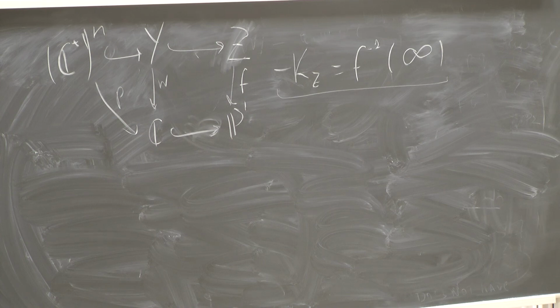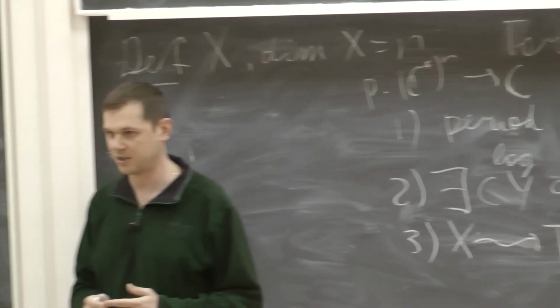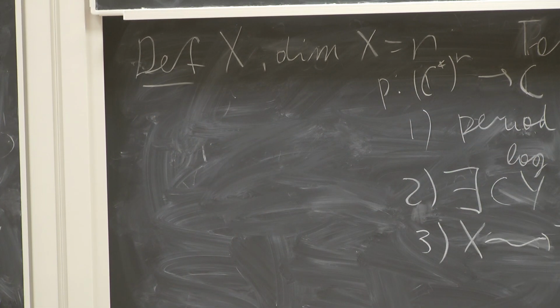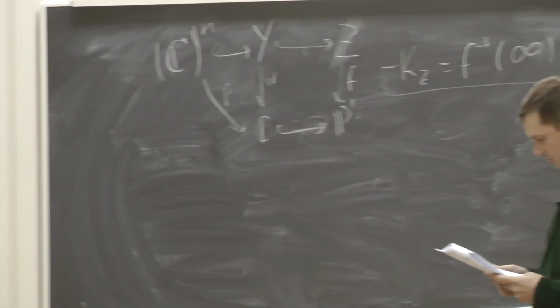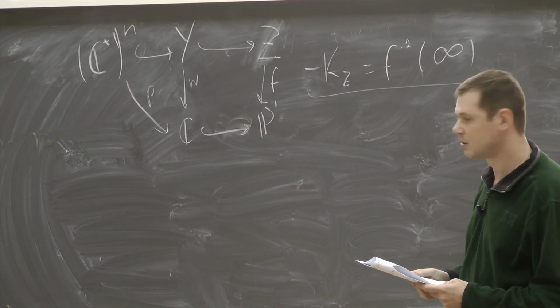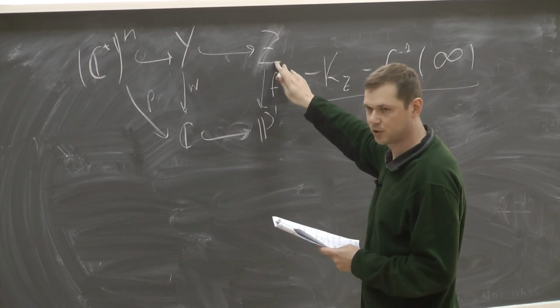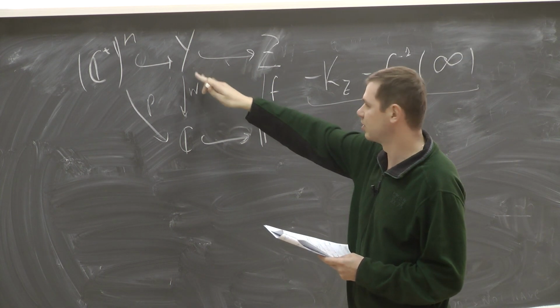So fibers are complete intersections, which means that they are Cohen-Macaulay. No, I don't require Z to be projective, but Y is quasi-projective.